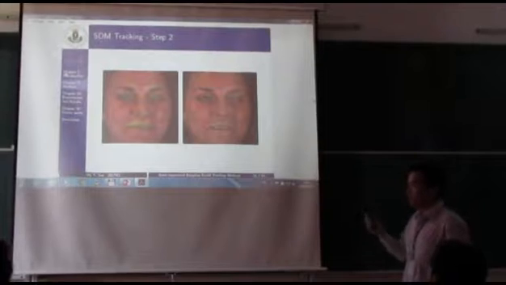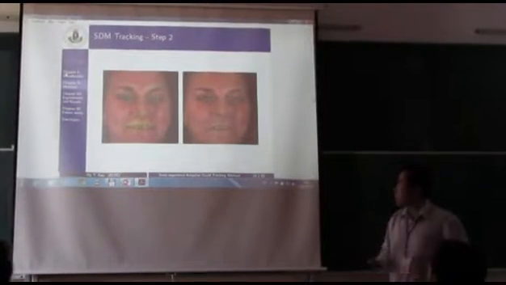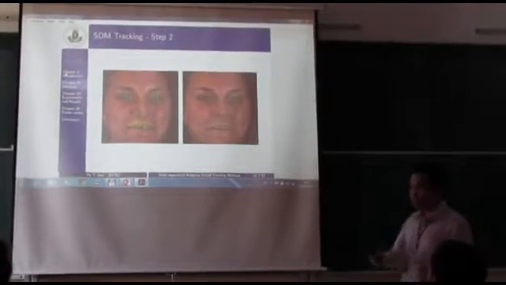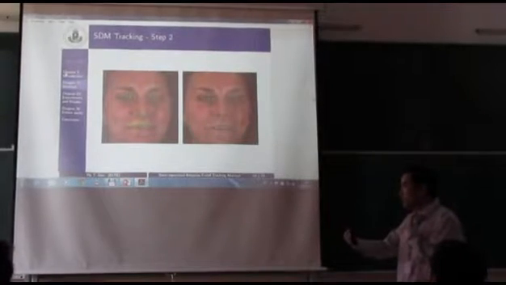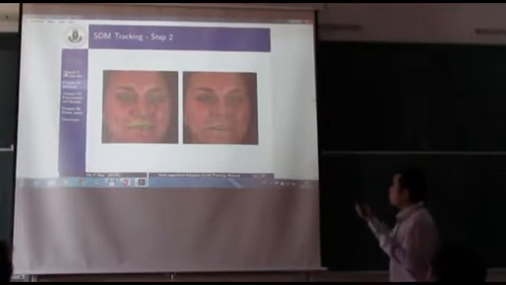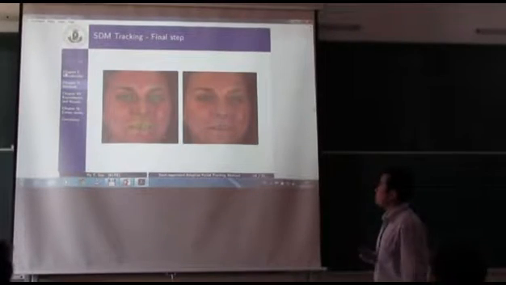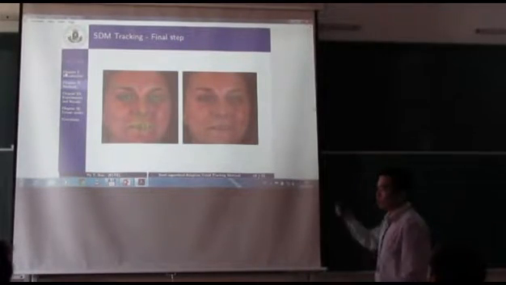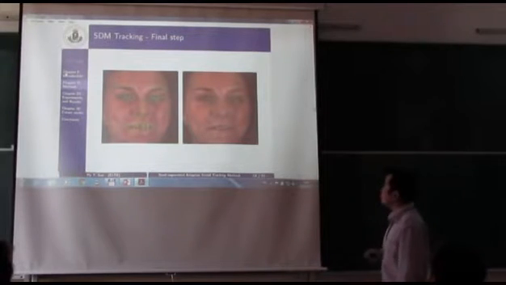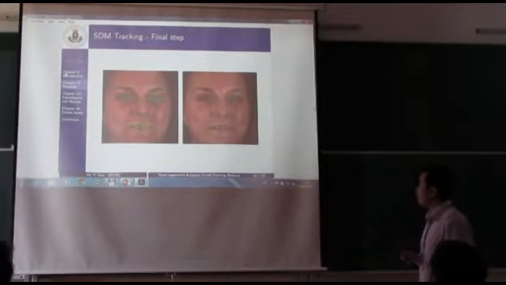Continue with that new landmark, we extract the feature again, apply a second linear regression, and move to the new landmark, and so on. And in the final step, we converge to the true position of the landmark.